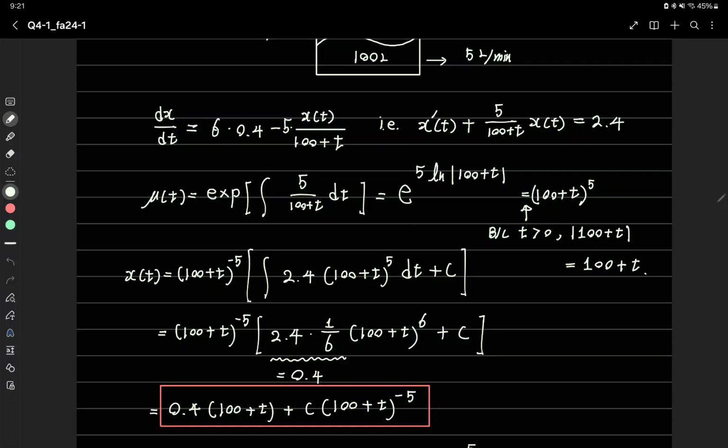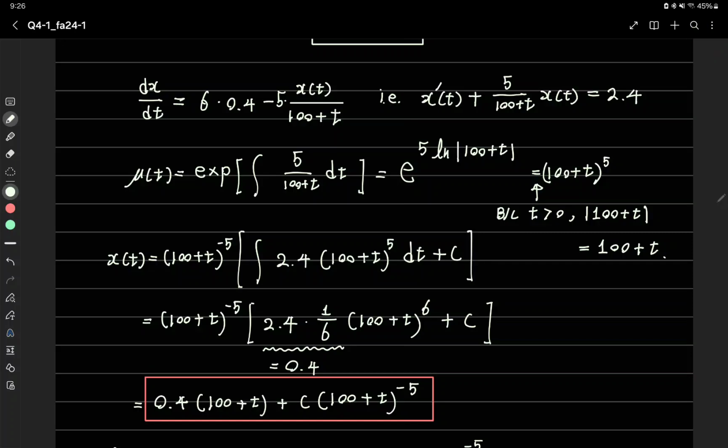And then x of t is going to be 1 over mu times the integral of q times mu, plus c. So this is 1 over mu, and this is q, and that's the integrating factor.